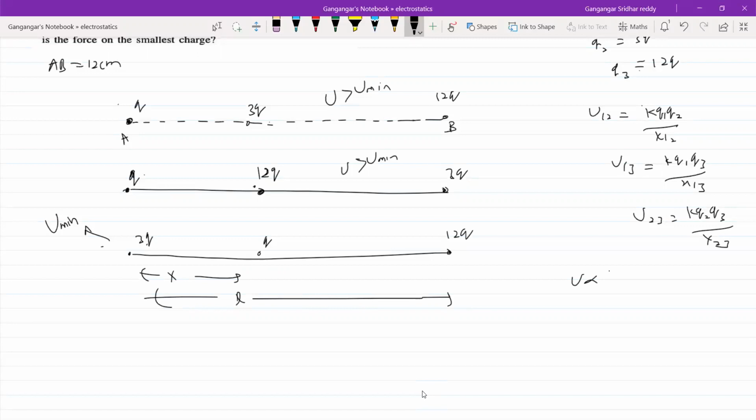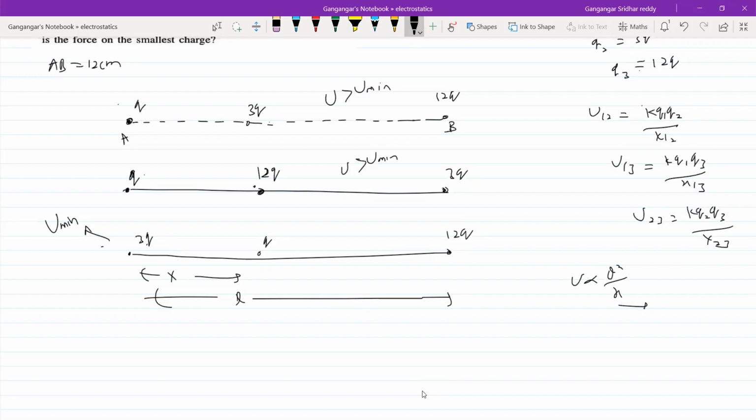You see this one. U is proportional to q square by x. This q square will be the same for all three, but x will determine whether it's a minimum. If you maximize x, then U will be minimum. So this configuration will maximize x. X means not this x, but the distance between the charges which have more magnitude.